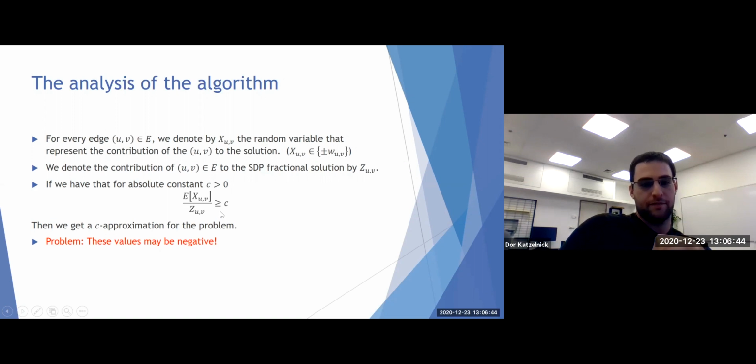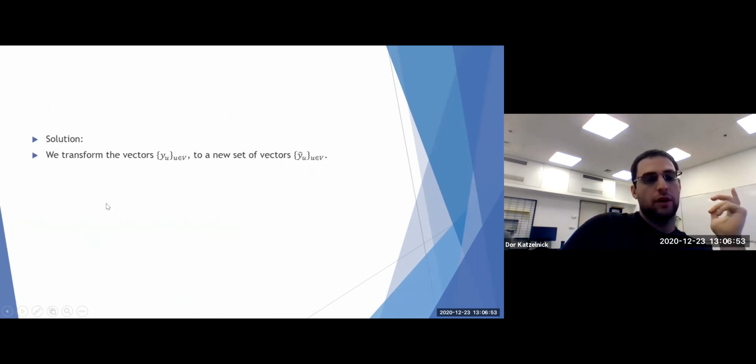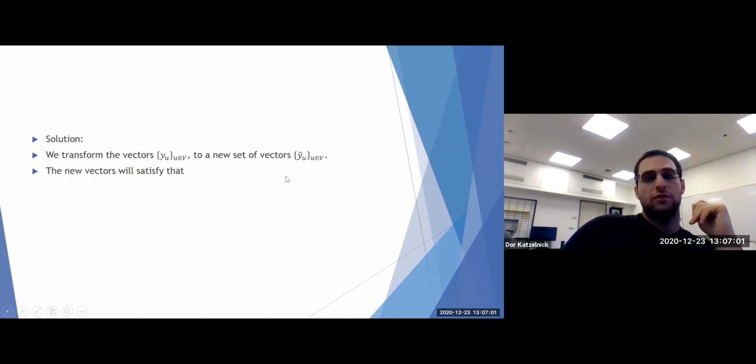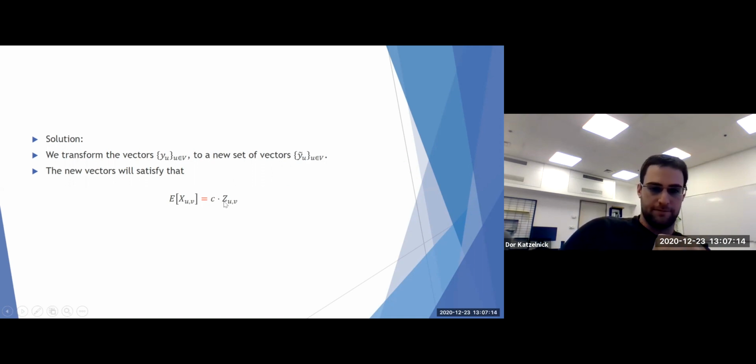So what we're going to do is something a little bit different. We're going to transform the vectors Y_U to a new set of vectors, Y tilde_U, and we want them to satisfy that the expected contribution of every edge in the graph will be equal to exactly C times the contribution to the semi-definite relaxation.